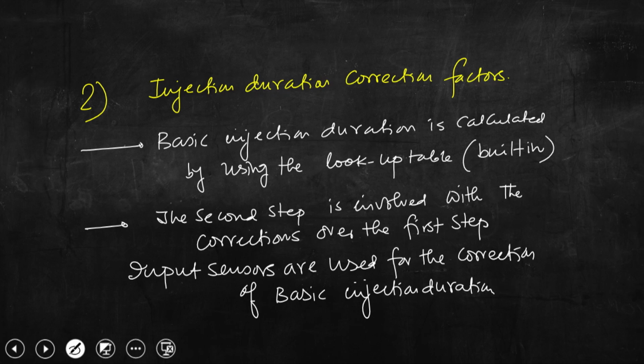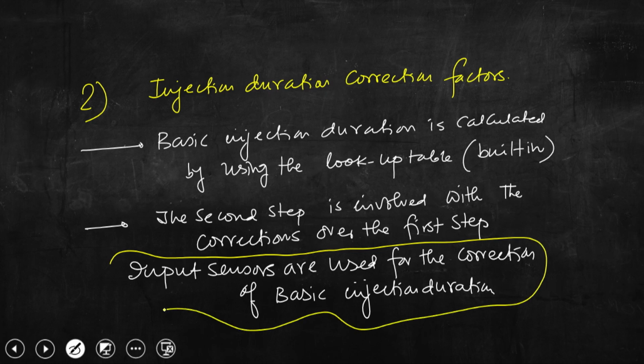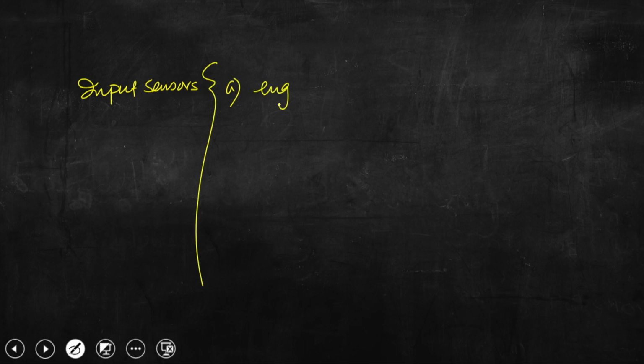Okay. And if we now mark this particular line, we need to rely on a few input sensors essentially to correct the basic injection duration, and those input sensors are: number one is the engine water temperature sensor.